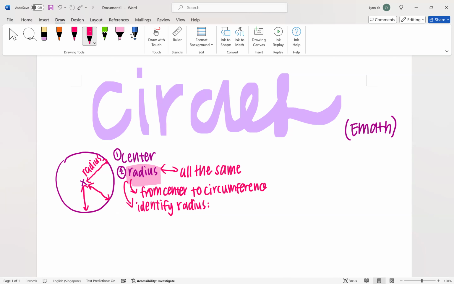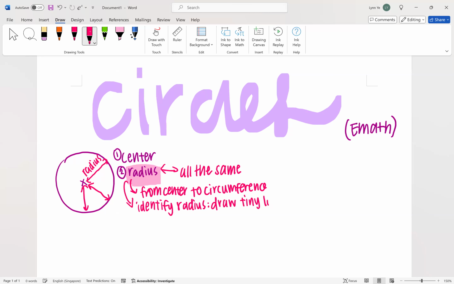What do you have to do? You have to do something to indicate that it's the same. What do you have to do to indicate that this radius is the same as this radius is the same as this radius? Yeah, you have to draw the tiny line.